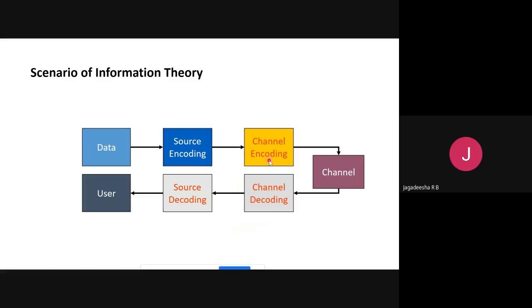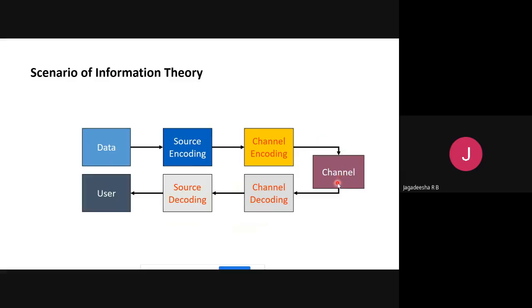It is called channel encoding. Before the data is sent to the channel, at the channel encoding block, we will be running some algorithms, called the channel encoding algorithms, so that even if the channel introduces noise, there is little effect on the message that we want to transmit.